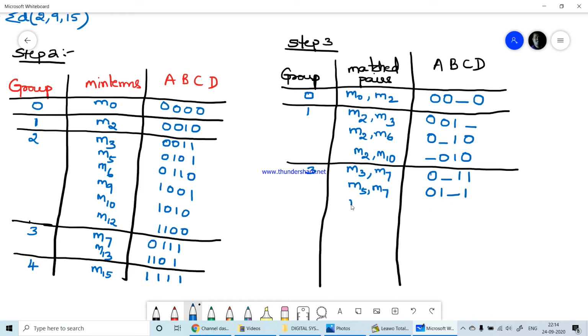Then we have M6 and M7, which will give 0 1 1 dash. Then M5 and M13, which will give me dash 1 0 1. Then M9 and M13, which will give me 1 dash 0 1. Similarly, M12 and M13, which will give me 1 1 0 dash.